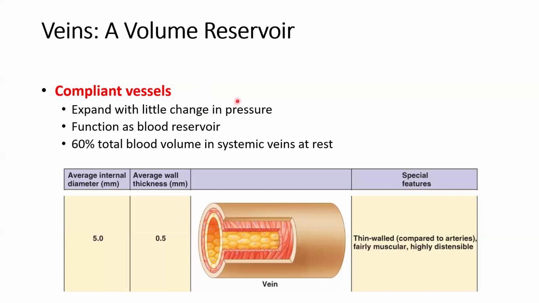These are very low pressure, but they can accommodate a very large volume. So they expand with very little change in pressure, right? A lot of volume, little pressure. And then they can act as a blood reservoir, as a volume reservoir. This is where most of the blood in our entire vasculature system is sitting. It's in our veins. And then 60% of our total volume at rest will be in these vessels as well.